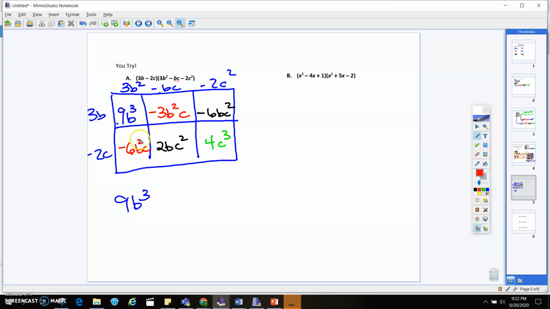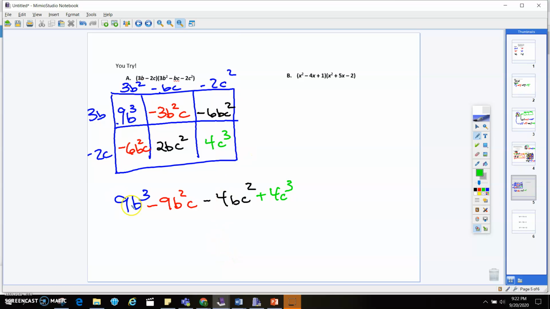Okay, so we've got negative 6 plus negative 3, which is going to give us negative 9b squared c. And then the stuff that's in black, you got bc squared and bc squared. So you're going to add those together. So that's going to give me negative 4bc squared. And then you've got this little 4c cubed.